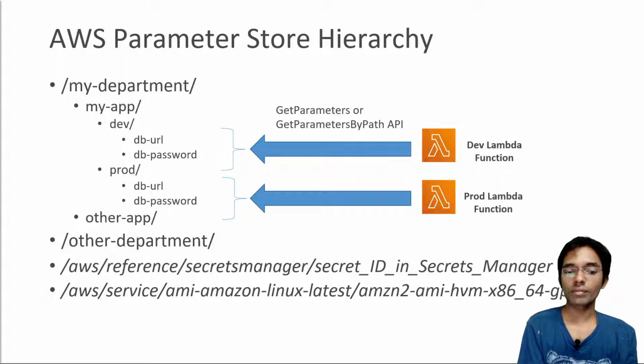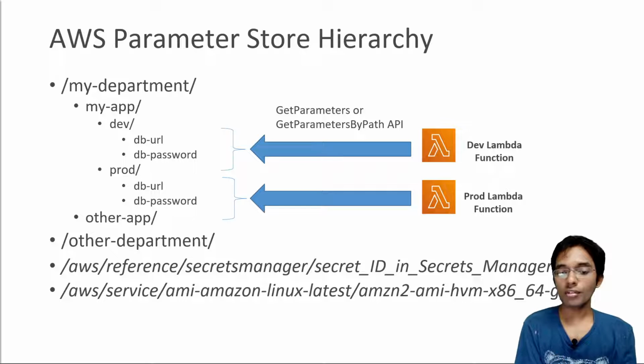Finally, you can reference Secrets Manager secrets directly from the Parameter Store, in which case you need to call the very special path /aws/reference/secretsmanager/ followed by the secret ID. Or we can get the AMI IDs directly from the Parameter Store, and this is managed by AWS.